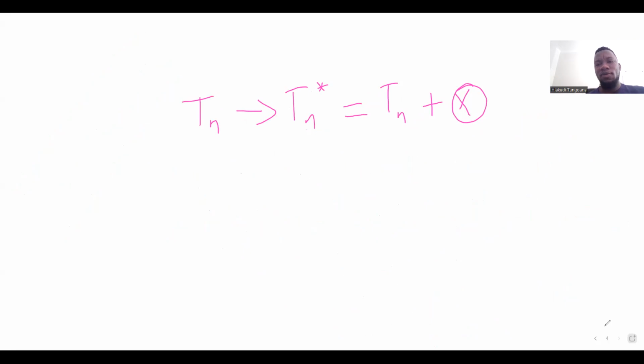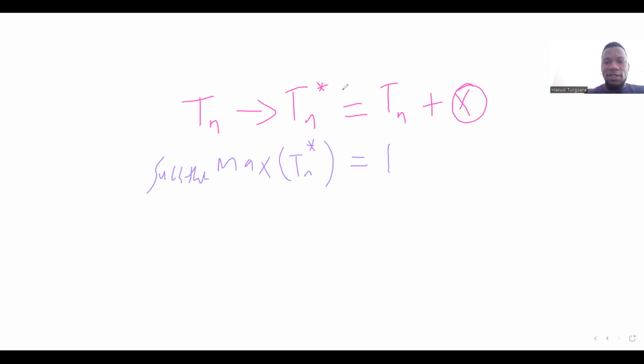But how do we solve for x? x must be solved such that the maximum of Tn star must equal 1, right? So how do you get the maximum for Tn star?